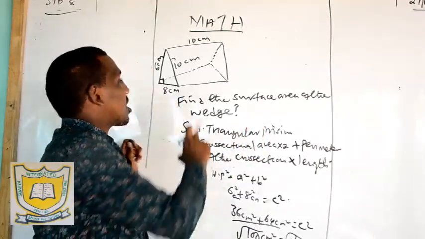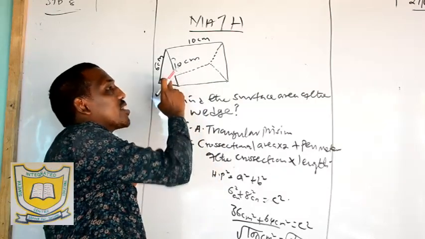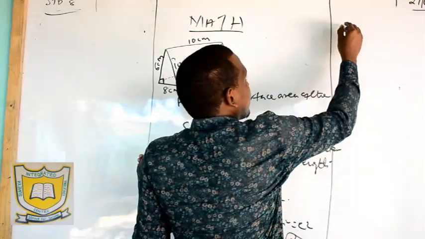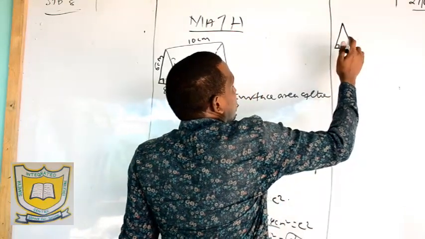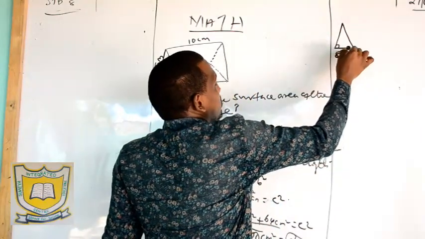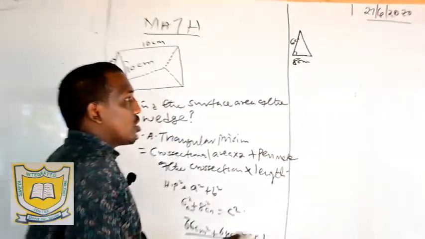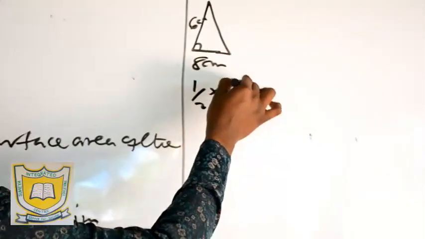So let us get now the surface area. Cross-sectional area: you get the area of the right angle triangle. You are given here 8 centimeter. Here it's 6 centimeter. So a half times base times height.